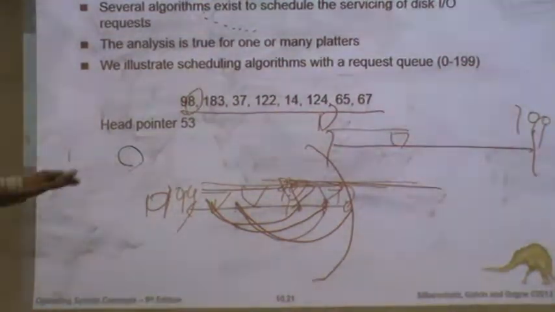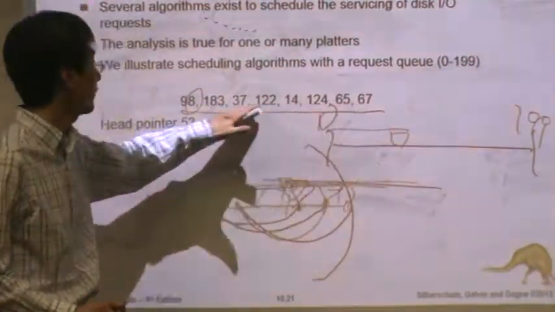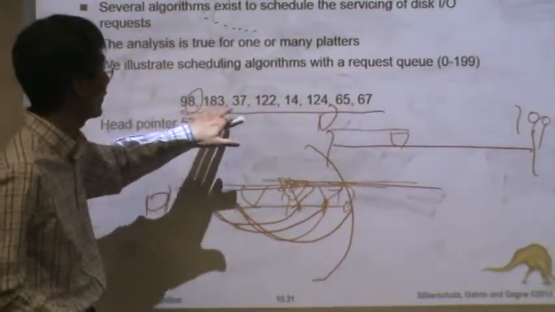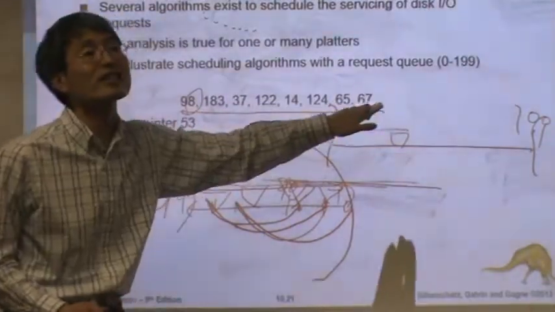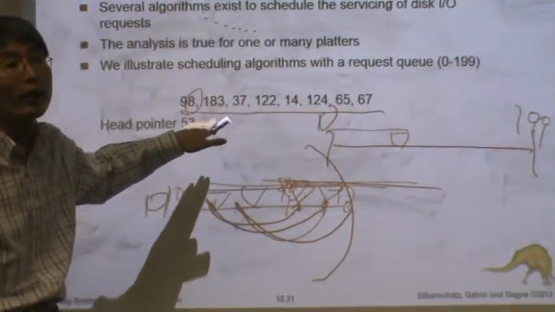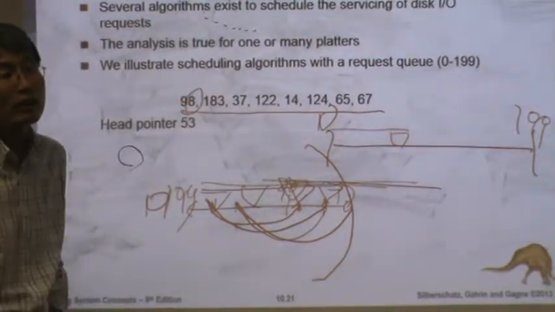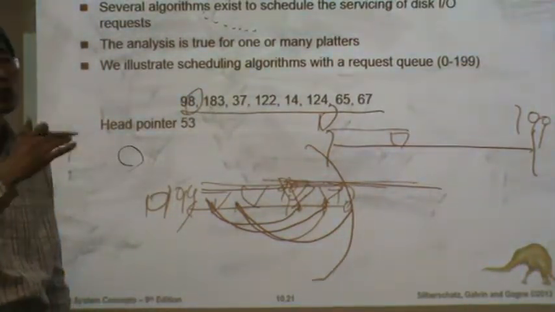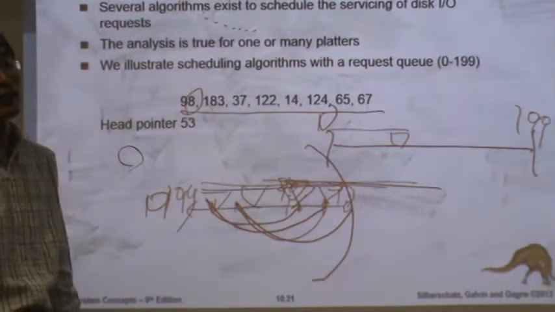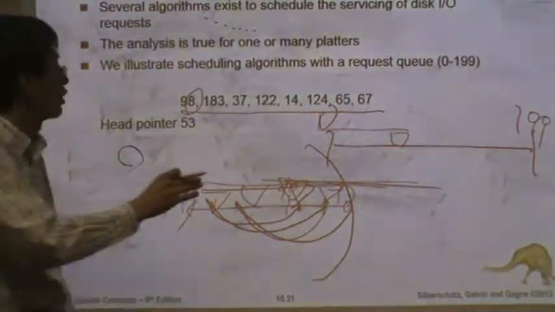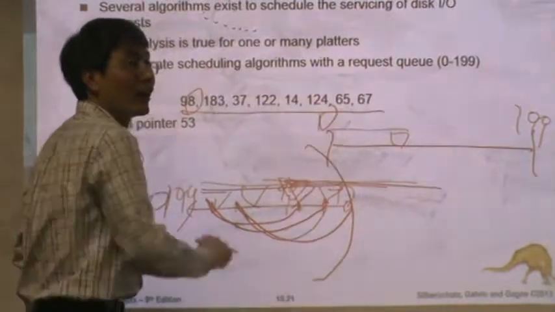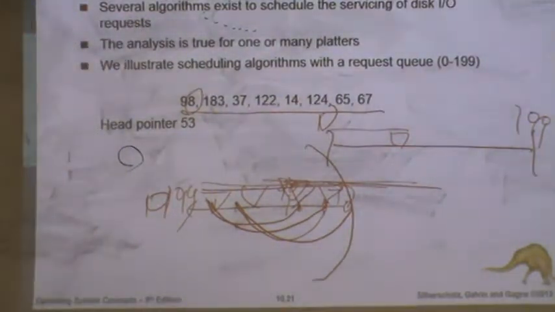Okay, then in your request queue, we have the addresses 98, 183, 37. This is actually the cylinder number, the track number. So the next one doesn't have to be 98. If you can find the shortest path, depending on how to schedule to access the data, that is a disk scheduling algorithm. So what is the simplest way?